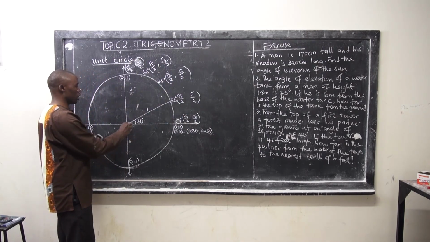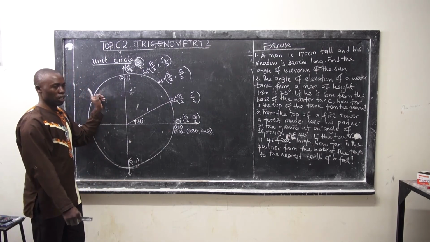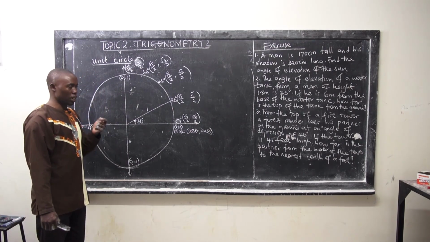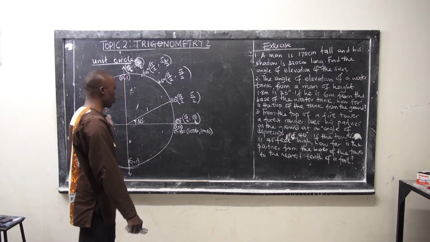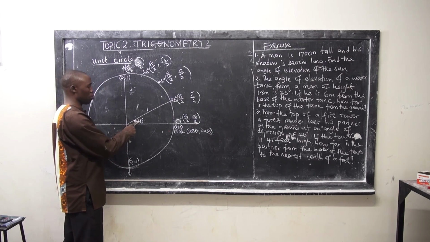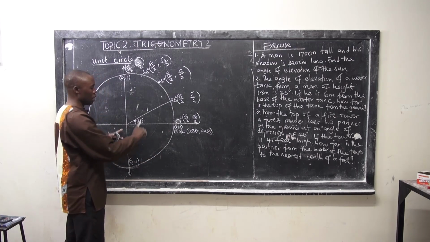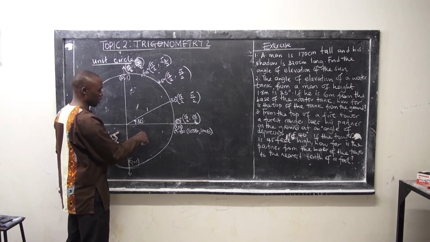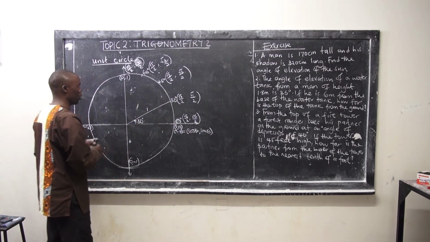Now we should note that angles measured in the anti-clockwise direction are positive in trigonometry, while angles measured in the clockwise direction are negative. This angle would be positive 30 and this angle down would be negative 30 if you measure downwards in the clockwise direction.